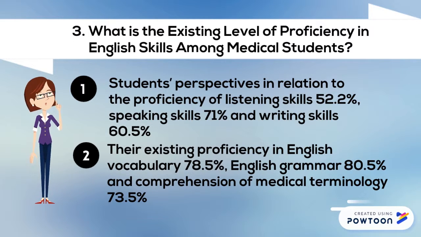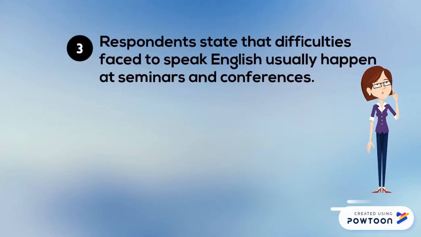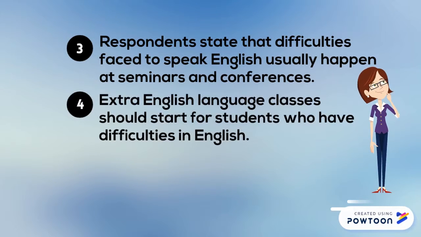Their existing proficiency in English vocabulary is 78.5%, English grammar is 80.5%, and comprehension of medical terminology is 73.5%. Apart from that, respondents state that difficulties faced to speak English usually happen at seminars and conferences. Extra English language classes should start for students who have difficulties in English.